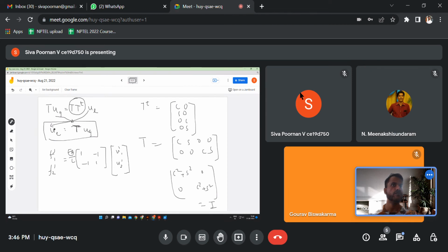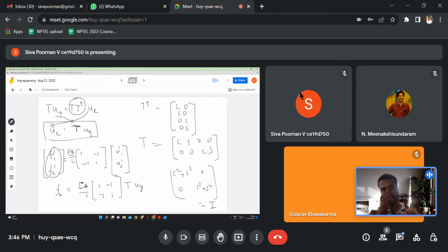Once we find the local values, we can substitute them here and find f1 and f2. So we can denote this as force local. Force local is equal to EA by L times the matrix 1 minus 1, minus 1 1, times u local, which is nothing but T times UG.